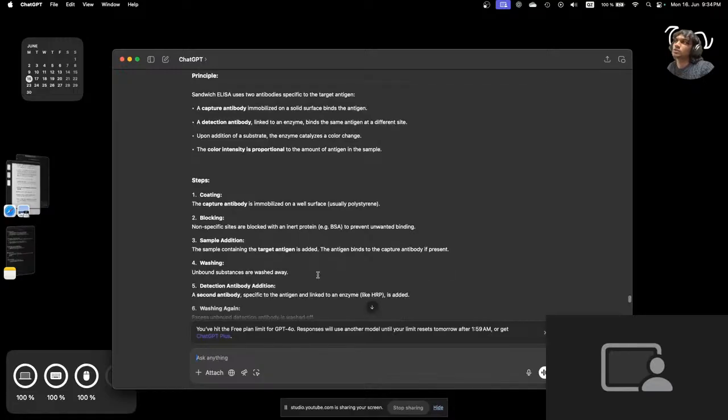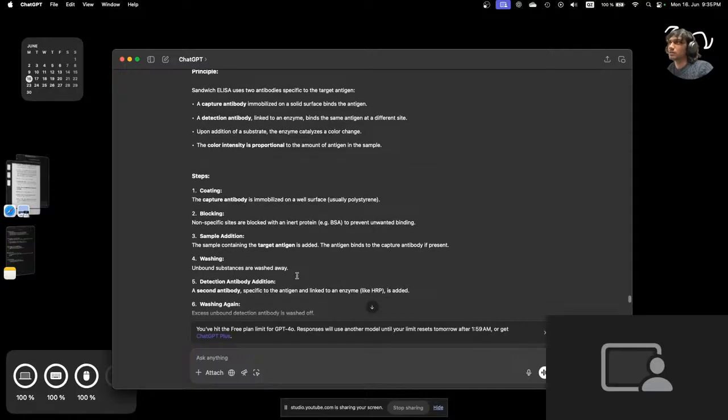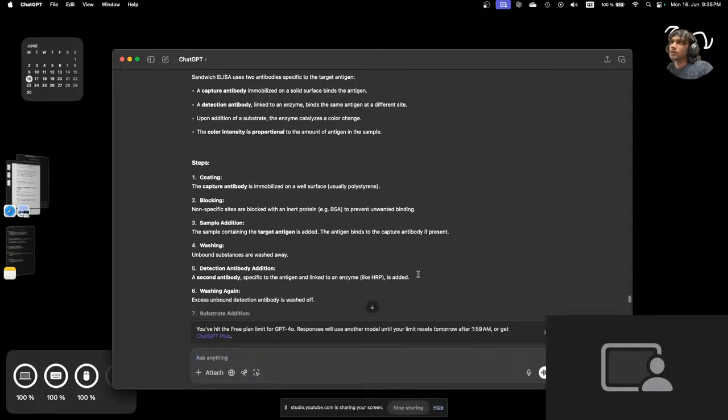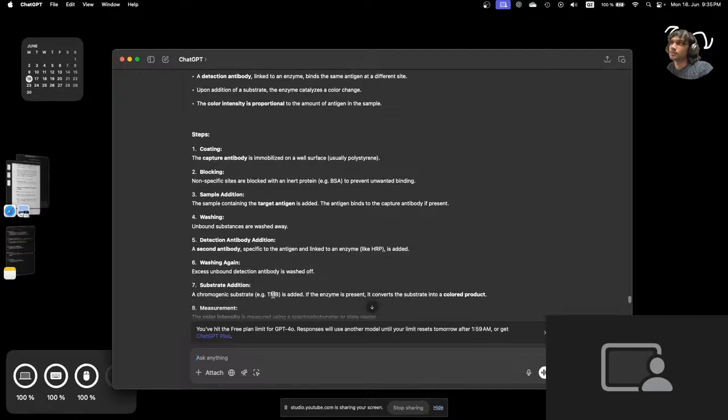Sample addition. And then you add the substrate.